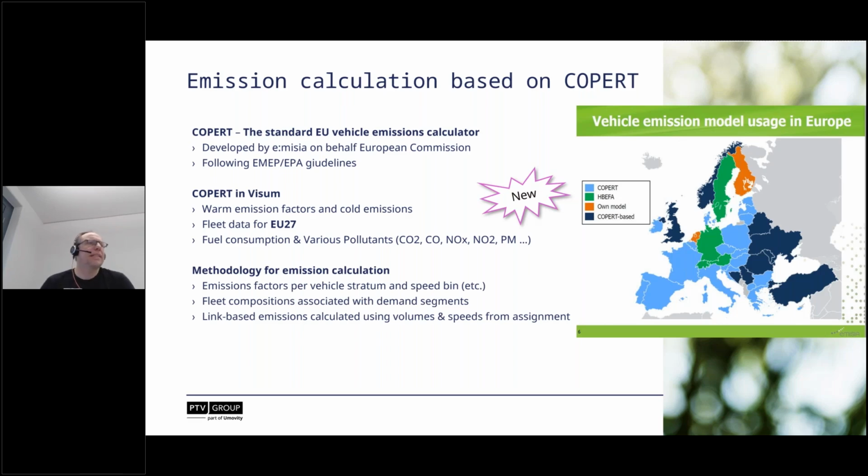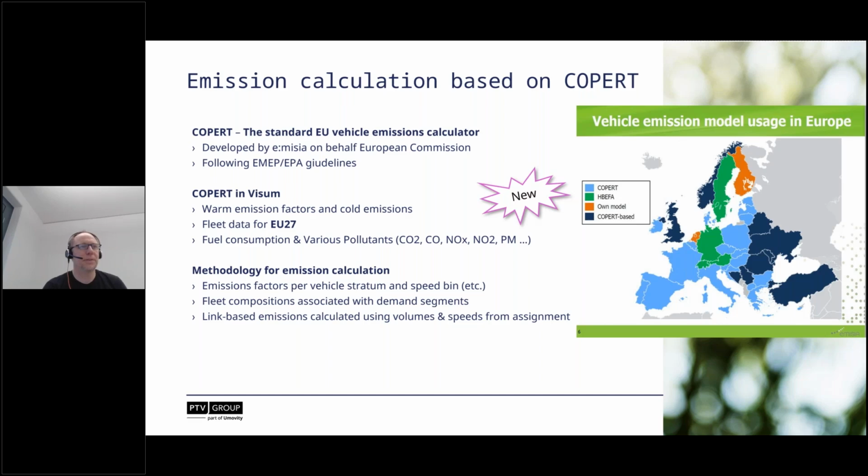The methodology is that those emission factors are provided for fine-grained vehicle strata, and for each stratum, different factors depending on the speed being driven by the vehicles. Because the vehicle strata are very fine-grained, they are composed into more aggregate types, and COPERT also provides data about how the fleets for different countries are set up, also for different years.